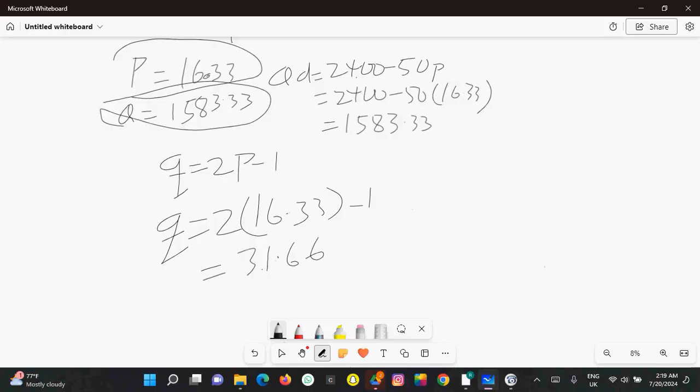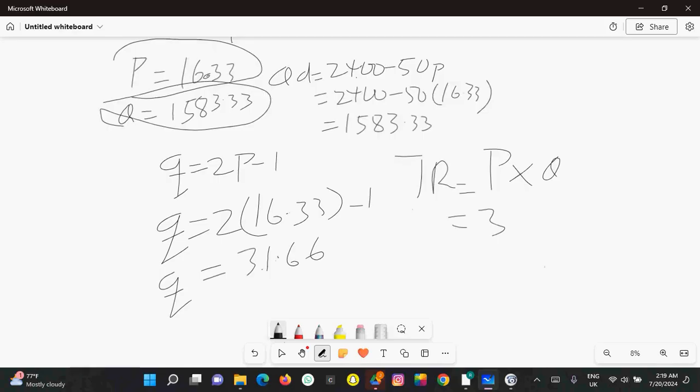So this will make total revenue, which is equal to price times quantity, where Q is the quantity each firm supplies.